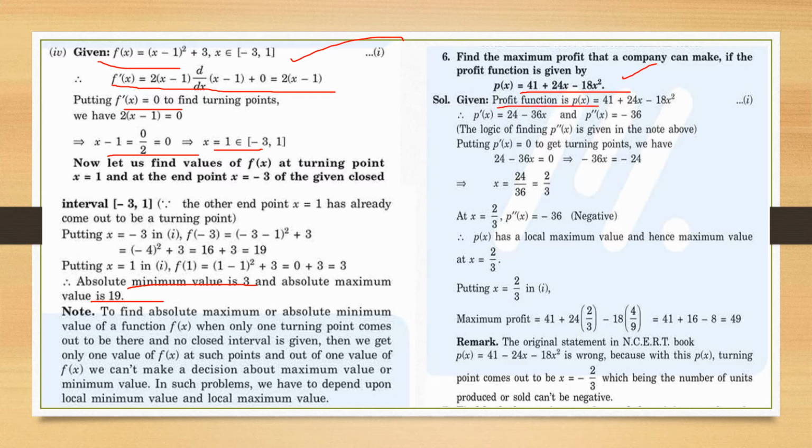The profit function is P(x), the derivative, the double derivative, and the critical point x equal to 2 by 3. Now I check the second derivative at x equal to 2 by 3, which is negative. So this is a local maximum. The value can be obtained by putting P(2 by 3), which turns out to be 49.